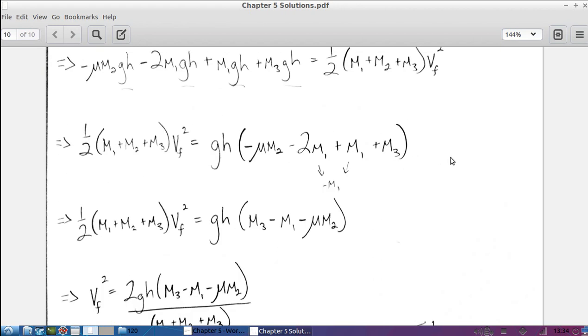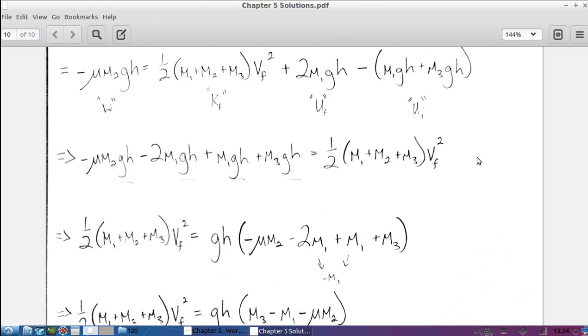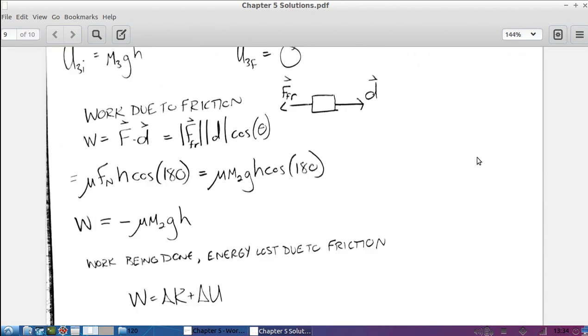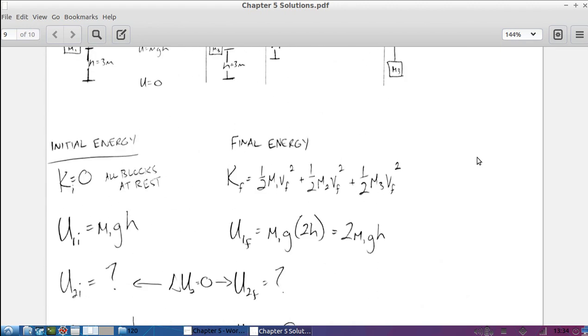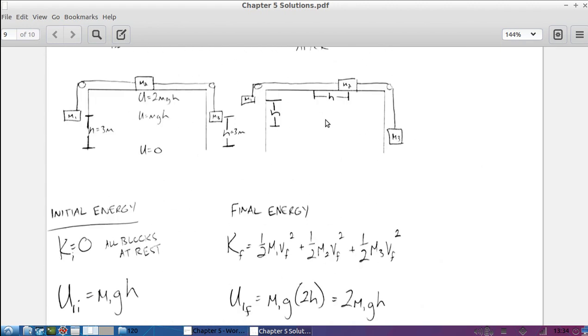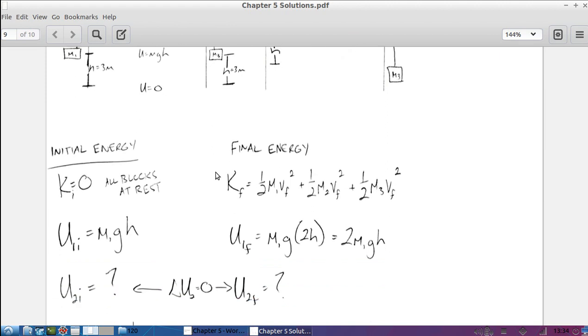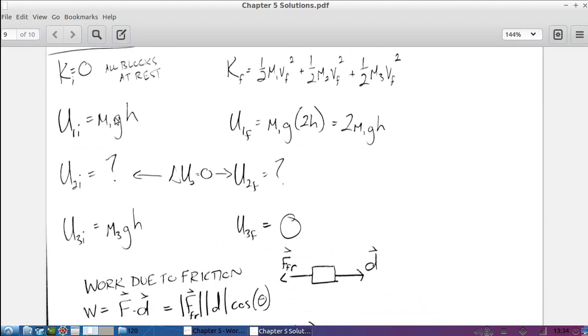A lot of objects, right? Be able to handle multiple objects, identify the type of energy that the objects have before and after, and make sure you can account for how the potential changes. All right. Most of the time we've been dealing with something starting with an initial gravitational potential and then falling and going to 0, right?